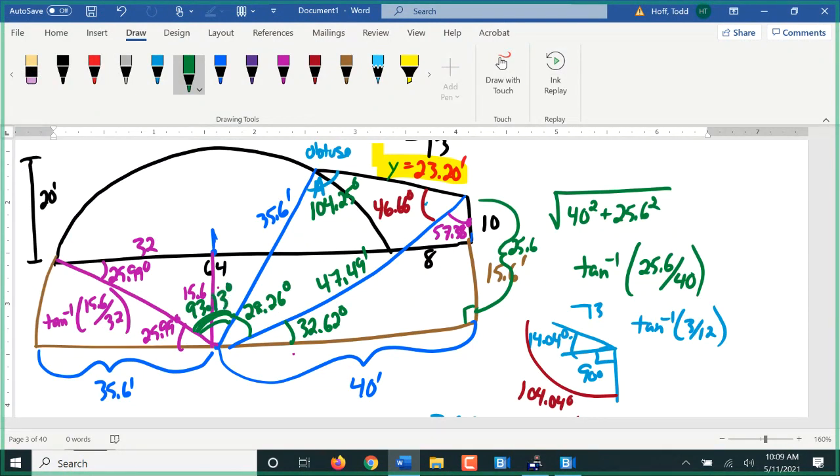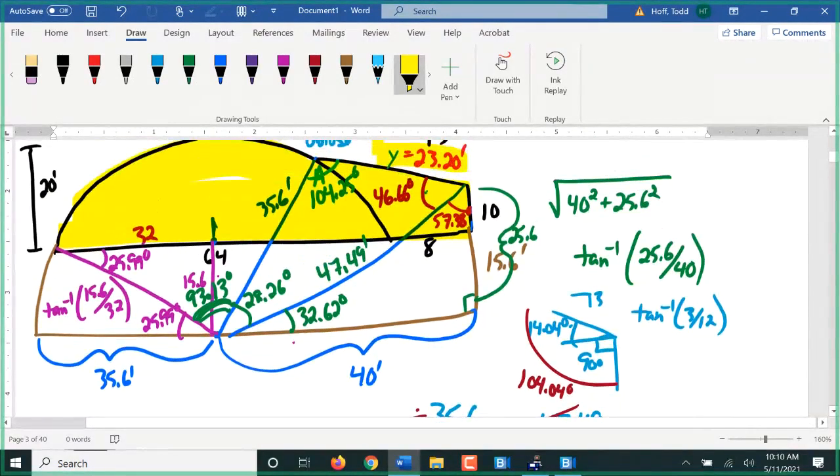So what I'm going to do now, I have all the information I need to find both the area of this piece and the part that contributes to the roof area. Let's find the area of this portion right now. To do that, I'm going to find the total area of this.